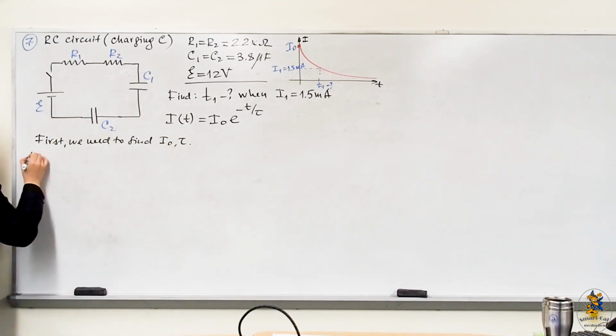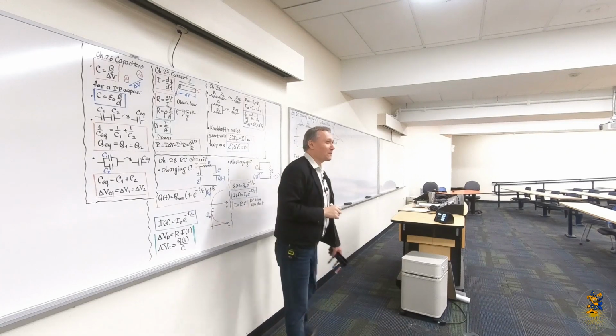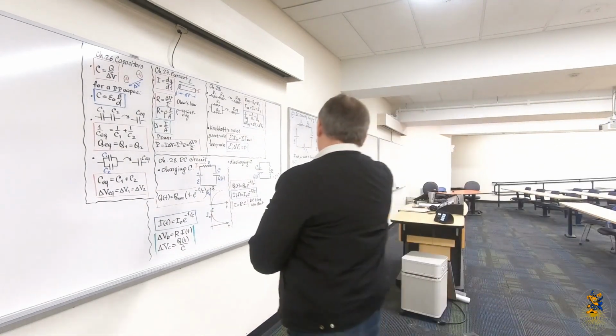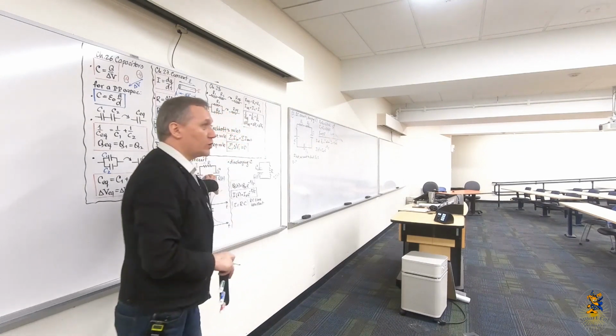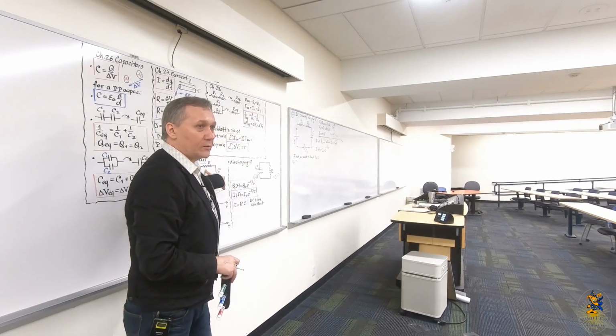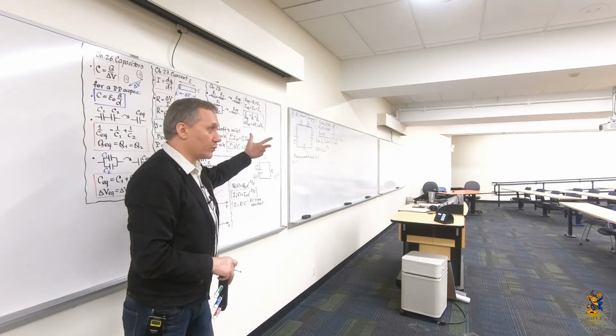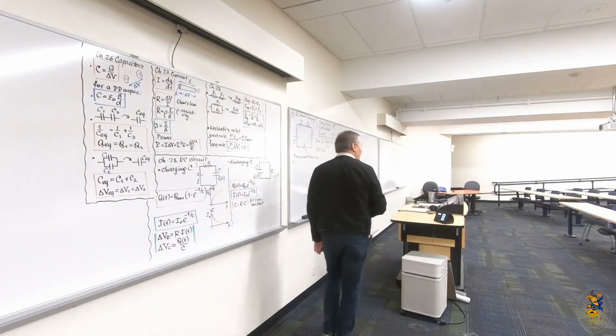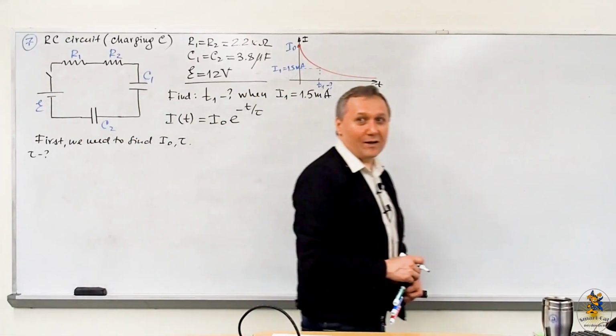Let's start with tau. It's probably the easiest. So the difference between this circuit and circuits which we used to derive these functions is that there we had one resistor, one capacitor. Now we have two resistors, two capacitors. But we know the equivalent stuff, right? Equivalent resistors and equivalent capacitors.